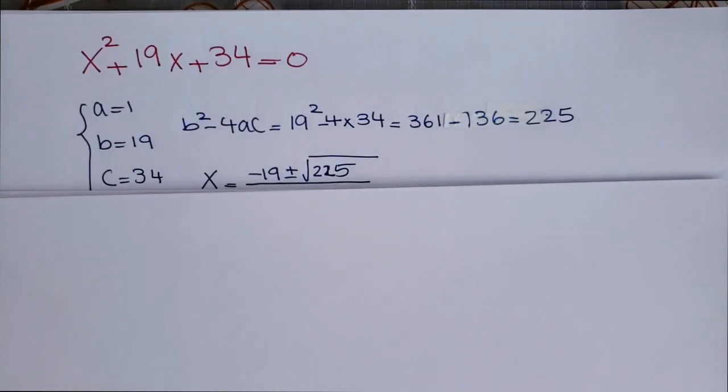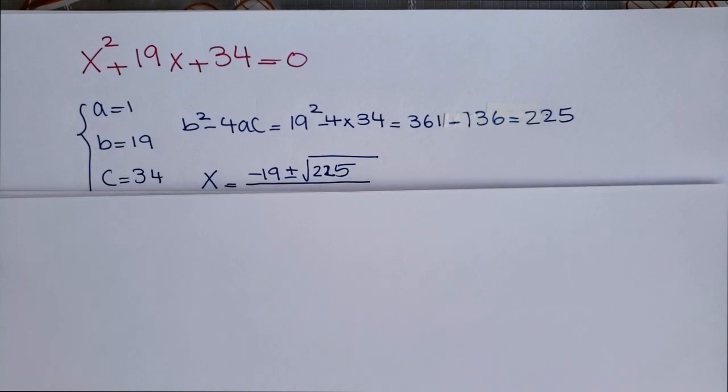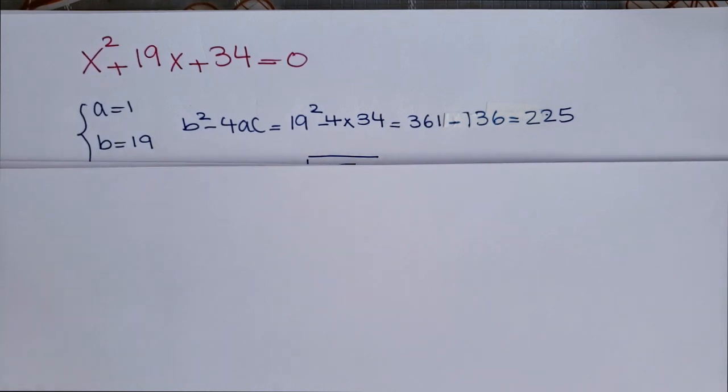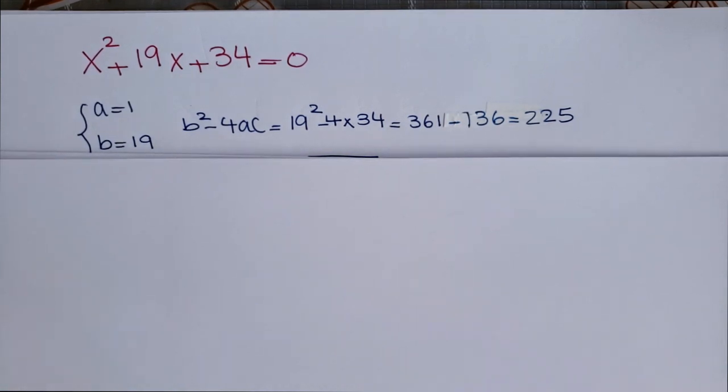So a is 1, b is 19, c is 34. We substitute it in the discriminant formula, and we find the value to be 225. Okay, so it's greater than 0, and that means we expect 2 different roots.